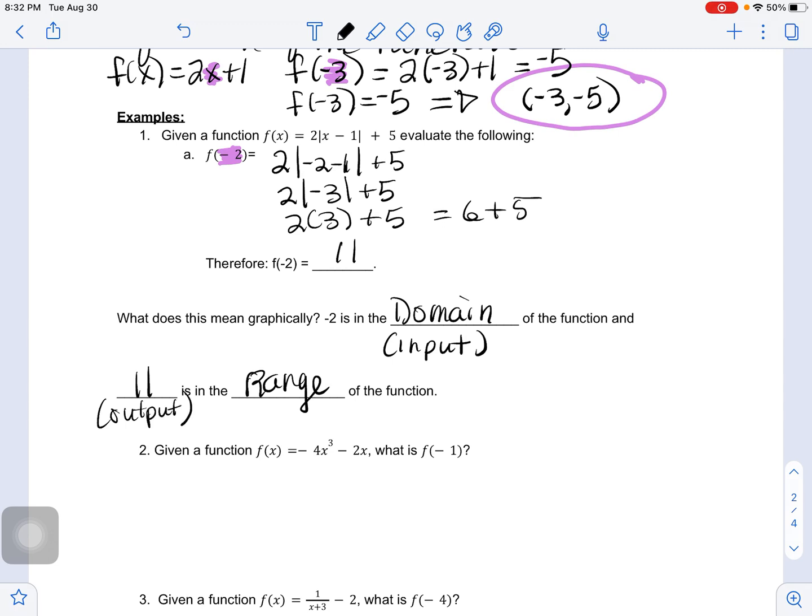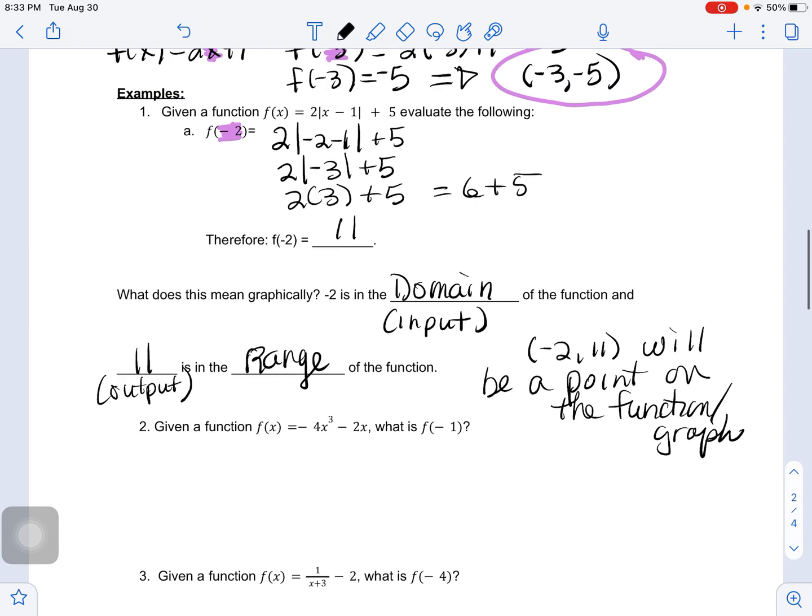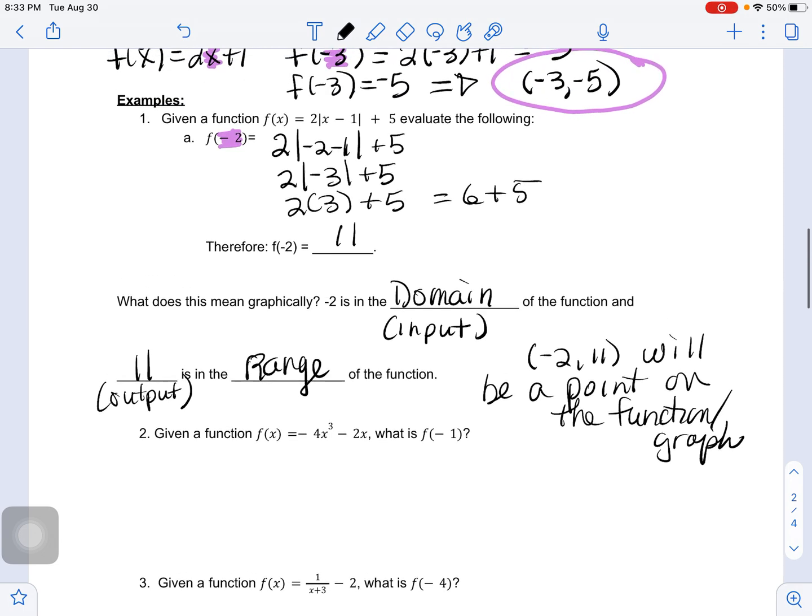And that translates into -2, 11 will be a point on the function or graph of the function. That's the absolute value function.